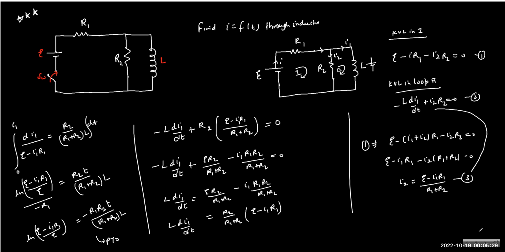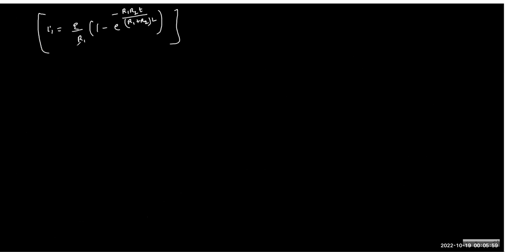So in steady state, what will happen? In the steady state, the L becomes a pure wire. So all current will go through the inductor, and you're short circuiting the R2, right? Nothing will go through R2. So if you look carefully, this term is the final current through the inductor.